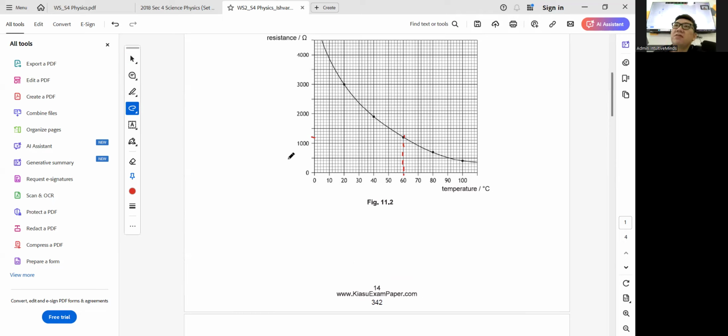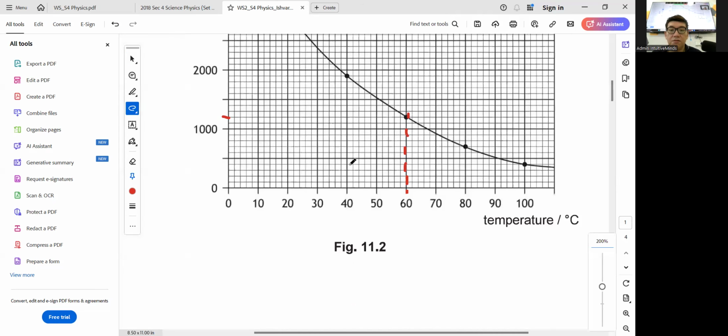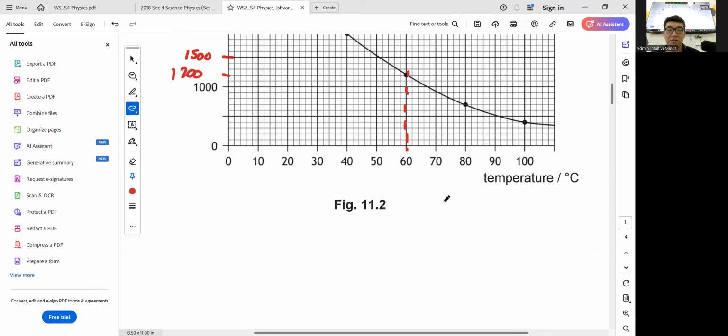What do you get again? 1,000? 100. If you zoom in, which I can because it's a computer, it should be 1,200. It's 1,005. So this should be 1,200.